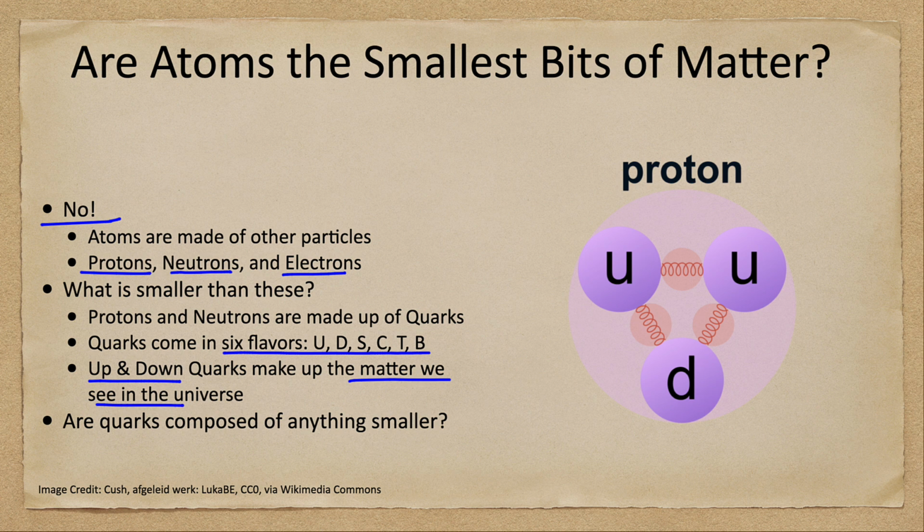Now you may remember that a proton has a +1 charge. Well, quarks have fractional charges. An up quark has a charge of 2/3 and a down quark has a charge of -1/3. If we add 2/3 and 2/3, we get 4/3.